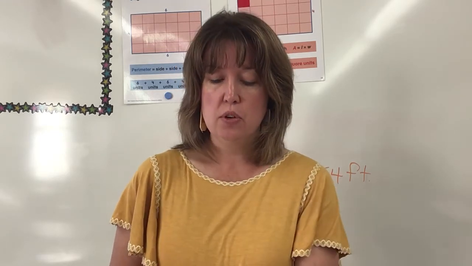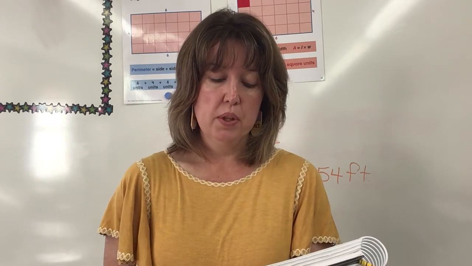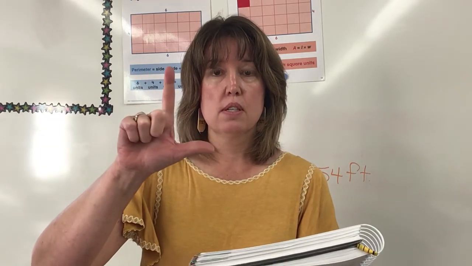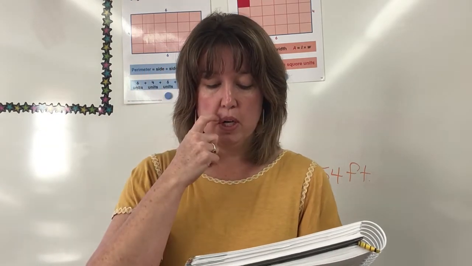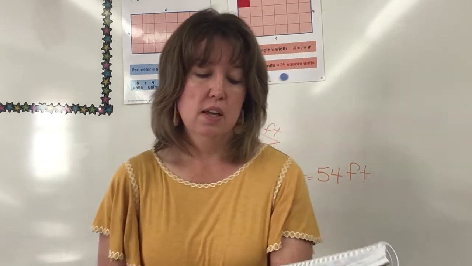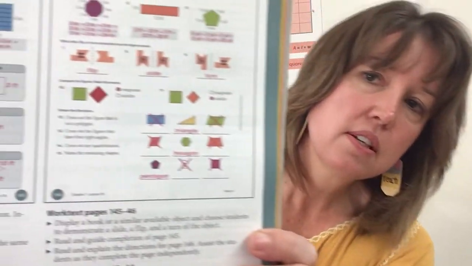So go ahead and take a couple seconds and cross out all your figures that are not polygons. Cross out ones that have 4 right angles. Remember, a right angle is like this. And then quadrilateral, so that has 4 sides. So you should have your answer look like this.